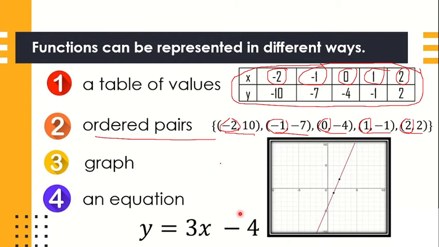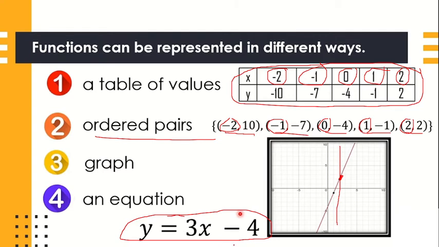Then in the graph, you use the vertical line test. If it intersects at only one point, it is a function. Don't worry, I already discussed that. The equation is a linear function, so automatically it is a function.